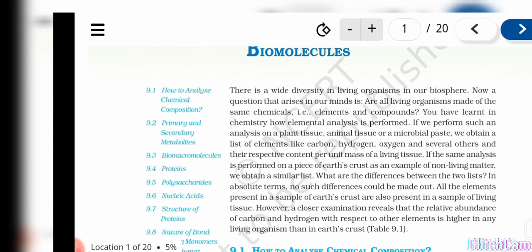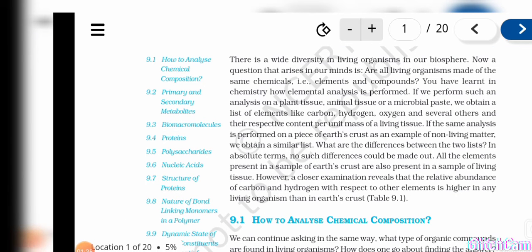The elements present in the earth's crust and also those present in living organisms are the same in their nature.